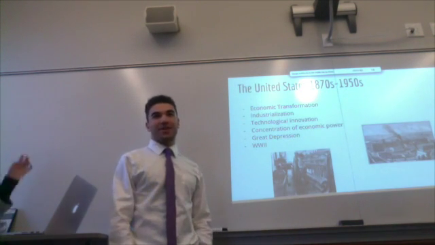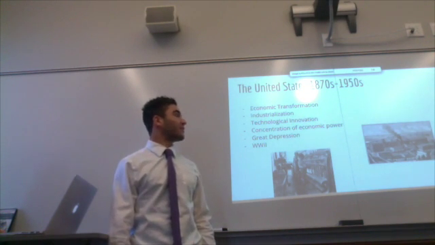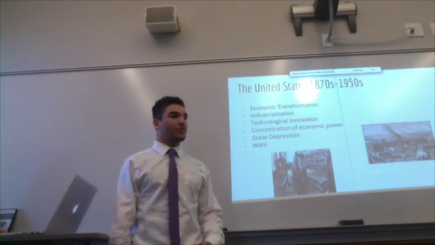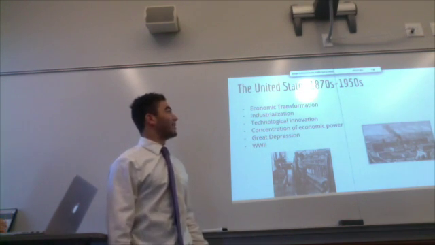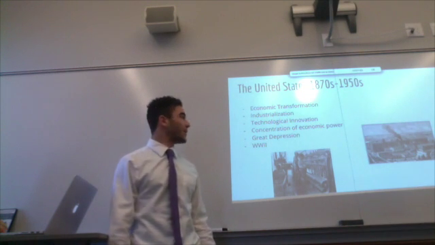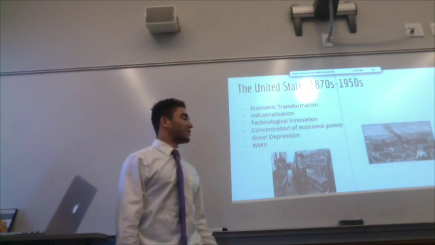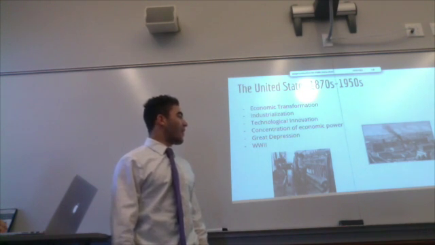So we're going to analyze the economic growth and decline of the United States from the 1870s to the current time. If you look at the United States from the 1870s to the 1950s, there's a huge economic transformation. It's based in industrialization, which came about in the 1870s.